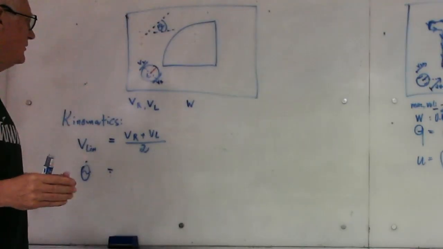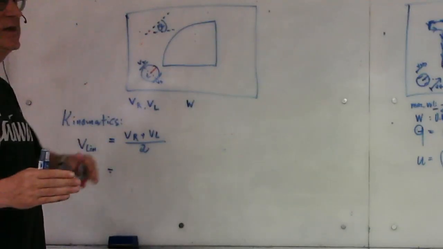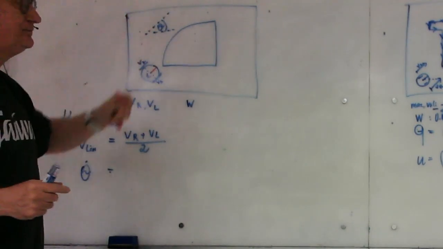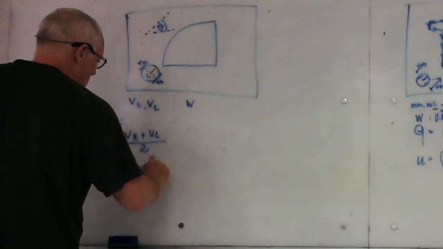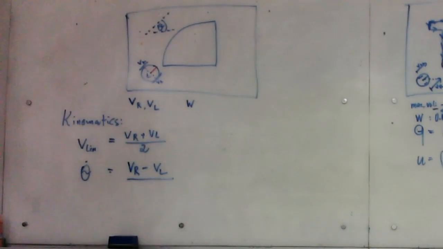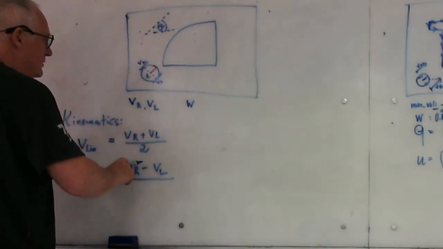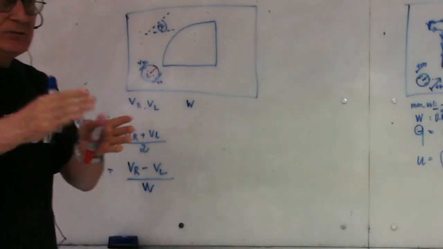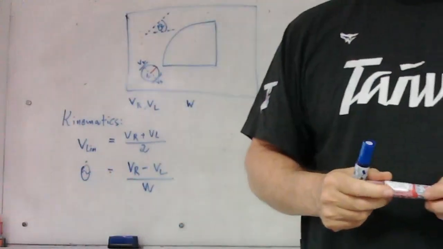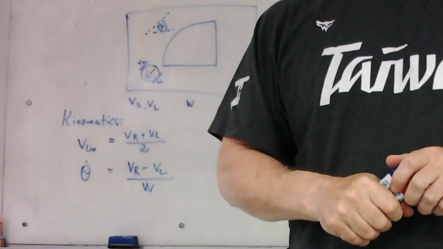So if VR is positive, then theta is going to increase. And if VL is positive, then the angle is going to decrease. And that's divided by the width of the robot. And that gives you the kinematic equation.